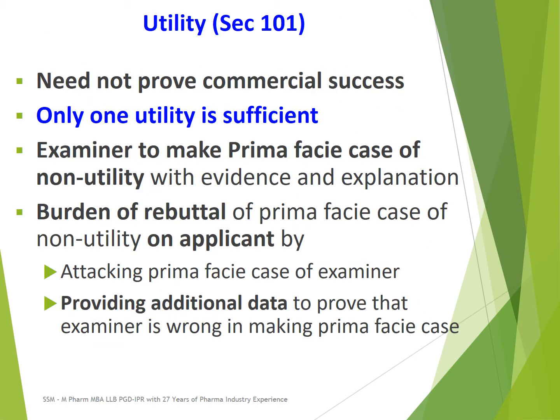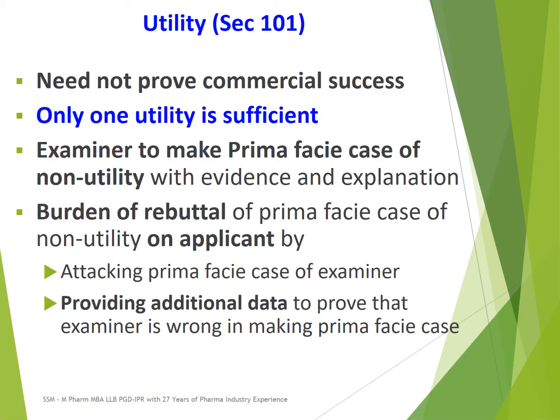Let us discuss in little bit more detail the utility requirement under section 101. Only one utility is sufficient. You need not prove the commercial success of your invention. And if examiner is rejecting your patent application on basis of non-utility or no utility, then examiner has to make the case of non-utility with evidence and explanation.